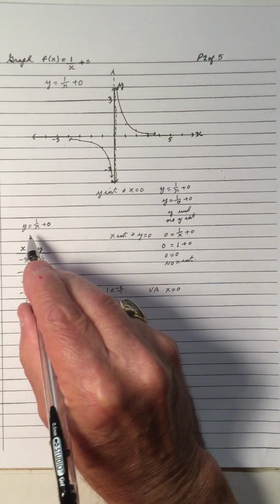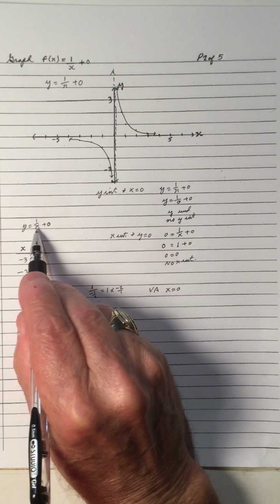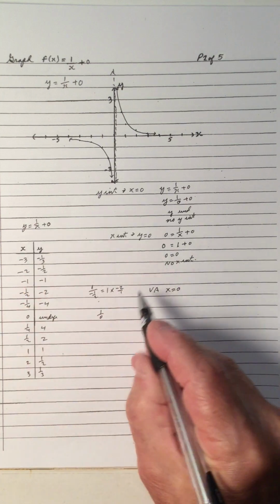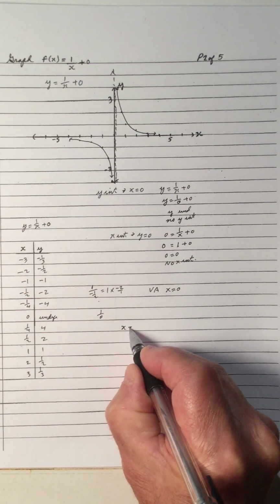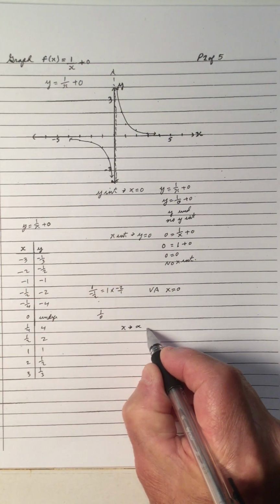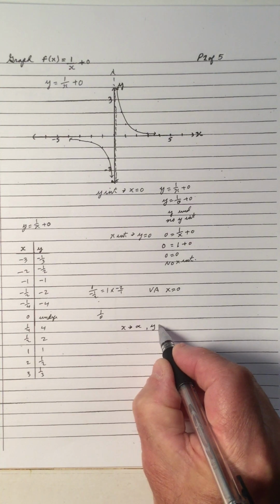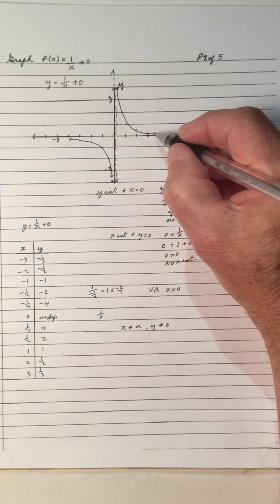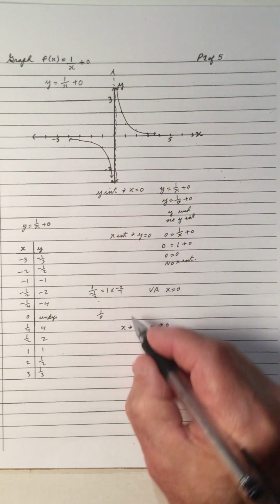If you look at this equation, if x goes to infinity, 1 over x goes to 0. So as x goes to infinity, y approaches 0.